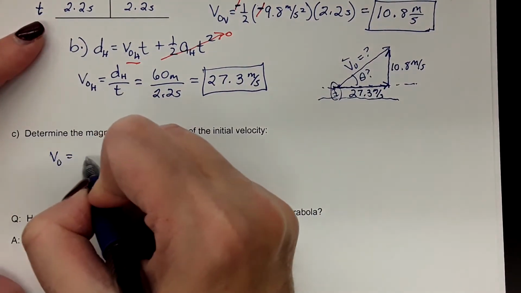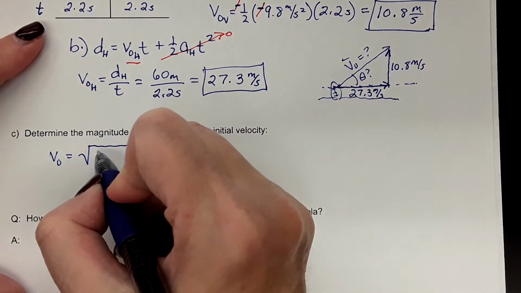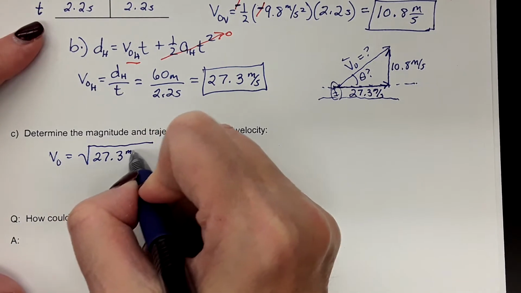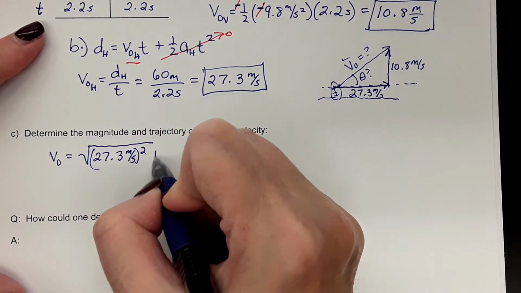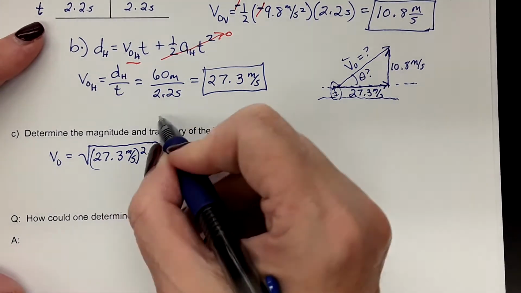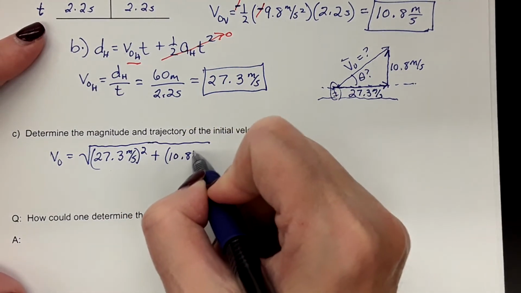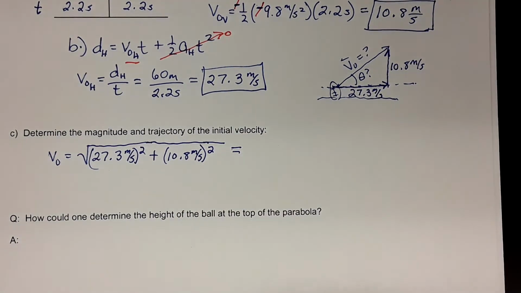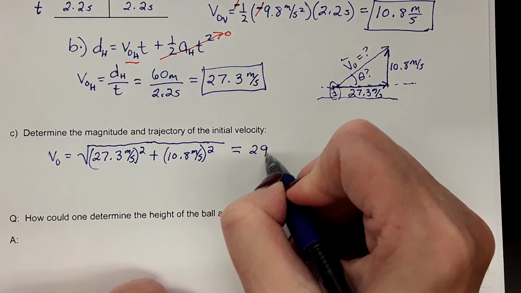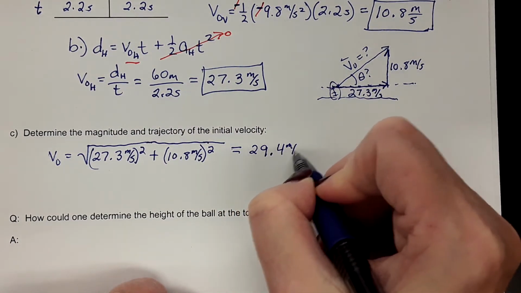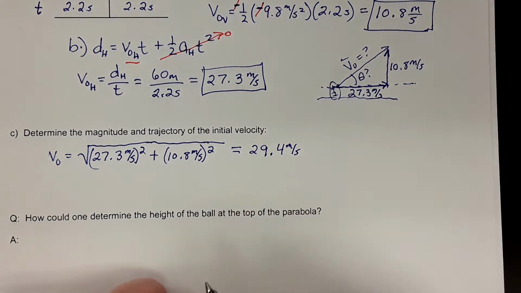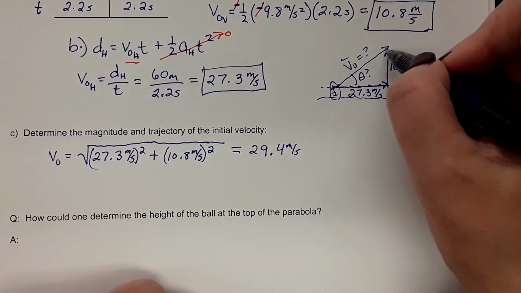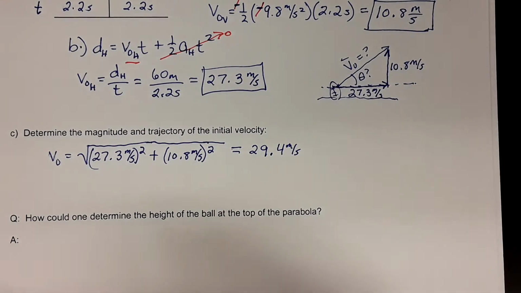The initial velocity is going to be the square root of 27.3 meters per second squared plus 10.8 meters per second, and don't forget to square it. All right, so if we stick that into our calculators, we're going to end up with 29.4 meters per second for the magnitude of the resultant initial velocity.